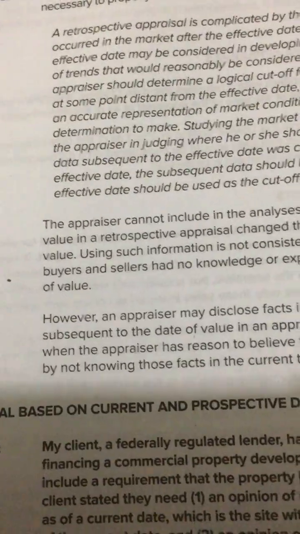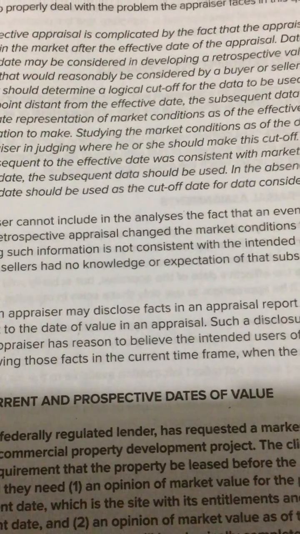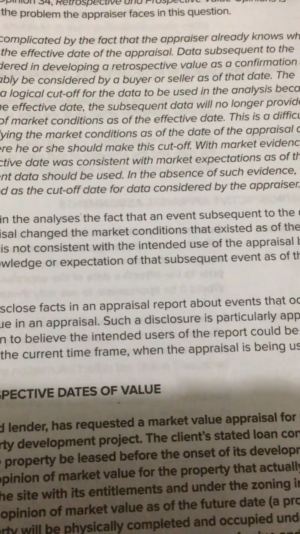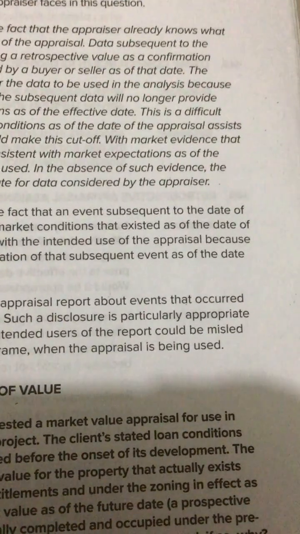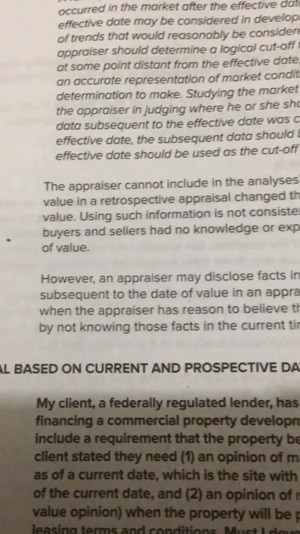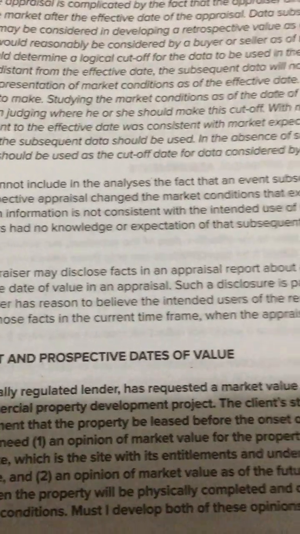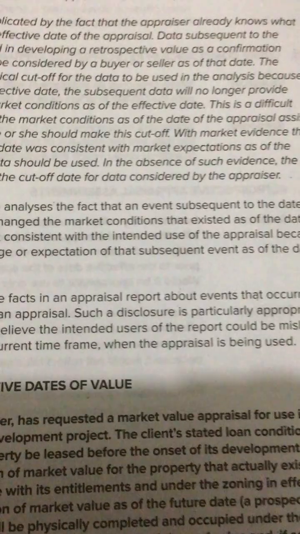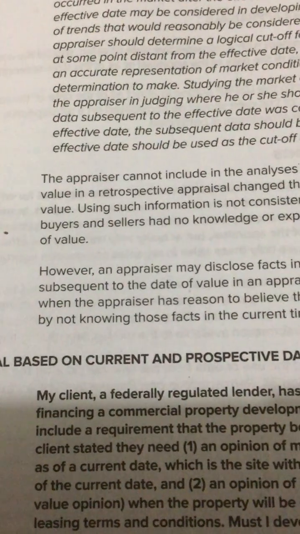The appraiser cannot include in the analysis the fact that an event subsequent to the date of value in a retrospective appraisal changed the market conditions that existed as of the date of value.